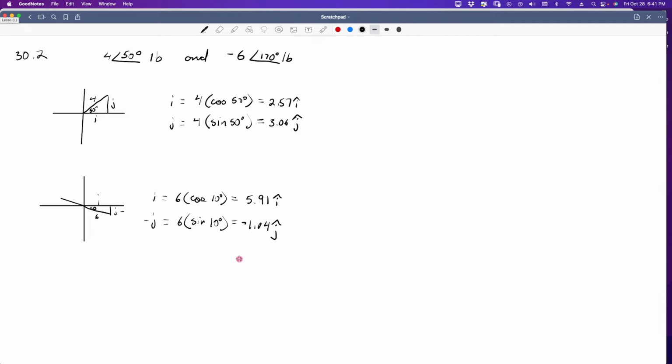So we can say 2.57 for the I plus, because this is positive, 5.91, and that's our I term, plus 3.06 minus, because this is negative, 1.04, and that is our J term.